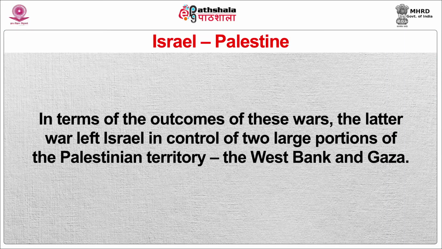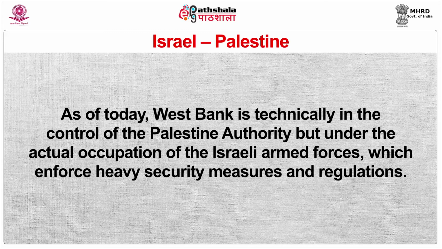In terms of the political outcomes of these wars, the second war left Israel in control of two large portions of contested Palestinian territory, that is, West Bank and Gaza Strip. As of today, the West Bank is technically in the control of the Palestinian Authority, but under the actual occupation of the Israeli armed forces, which enforce heavy security measures and regulations.